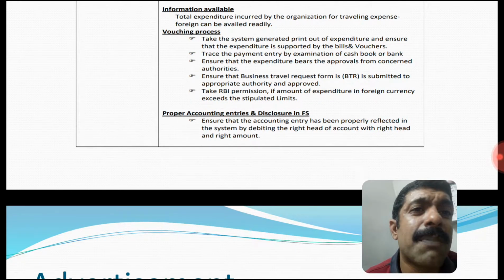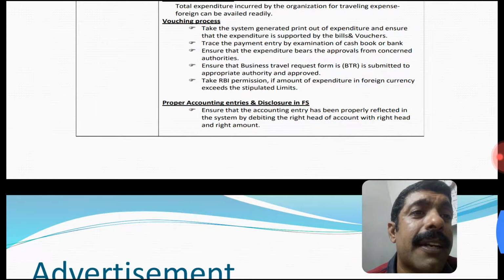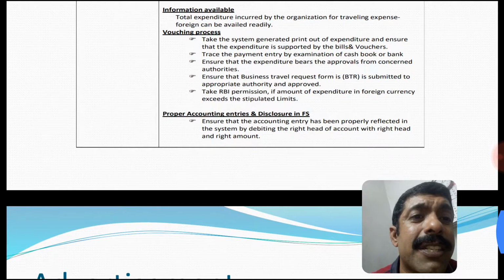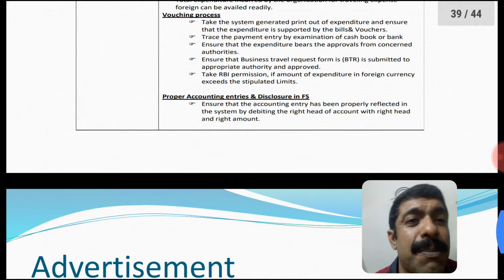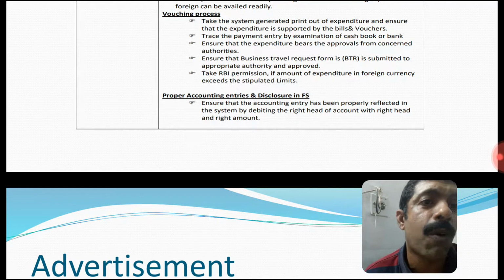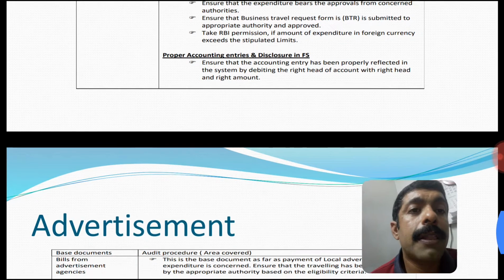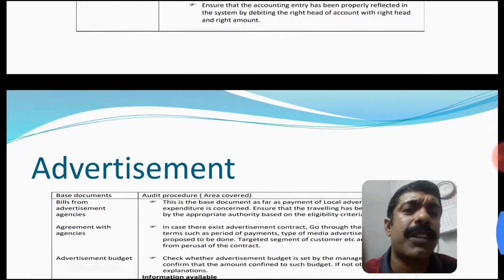If the expenditure exceeds the stipulated limit, then approval from the RBI is also required. These are the two main additional points. RBI permission, the last point: take RBI permission if the amount of expenditure in foreign currency exceeds the stipulated limit. Then proper accounting and disclosure is the common point.